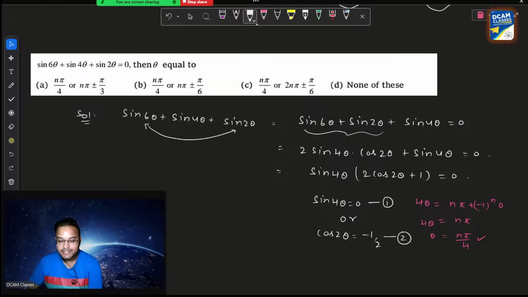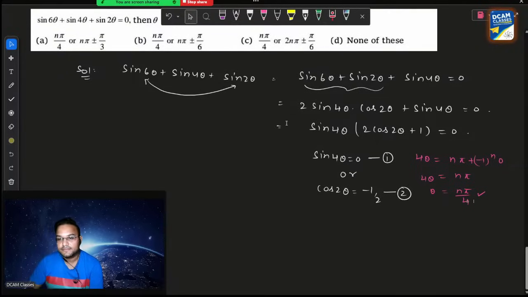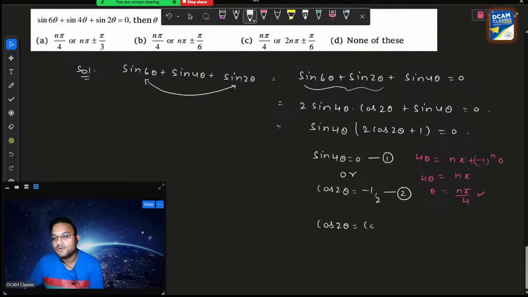Then cos 2 theta is equal to minus half. No sir, I got it. You got it? What angle did you take? 2 pi by 3. Because you can take it like this, cos 2 theta is equal to cos of minus pi by 3.